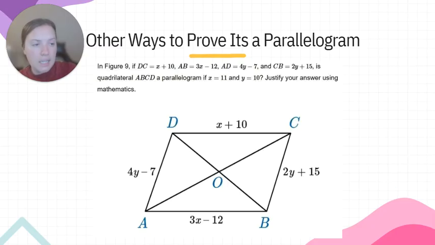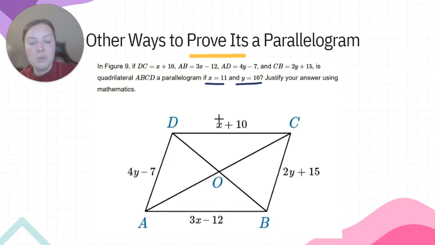Mathematically, we can do this by showing that we've got congruent sides by plugging in values for our variables. Each one of these sides is represented by an expression, and we can plug in values to show that we have congruent sides.